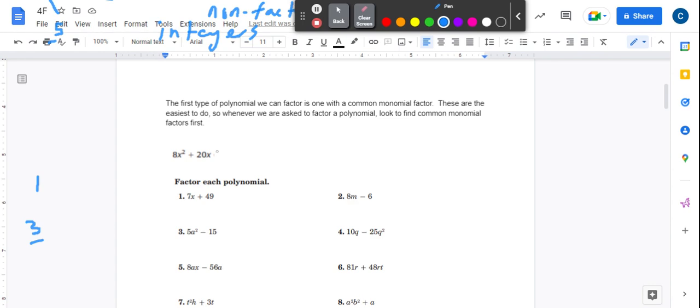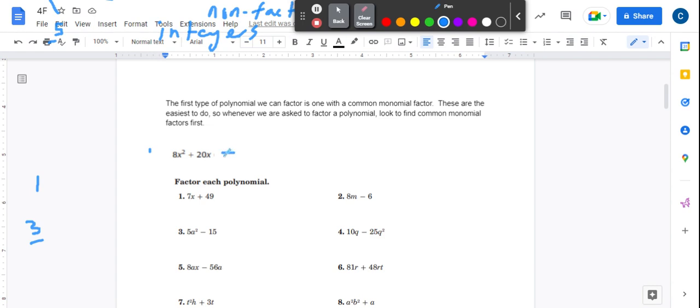Looking at 8, it's 2 times 4. 20 is 5 times 4. So the number 4 multiplies into 8x squared, and 4 also multiplies into 20. So we can pull out a 4.